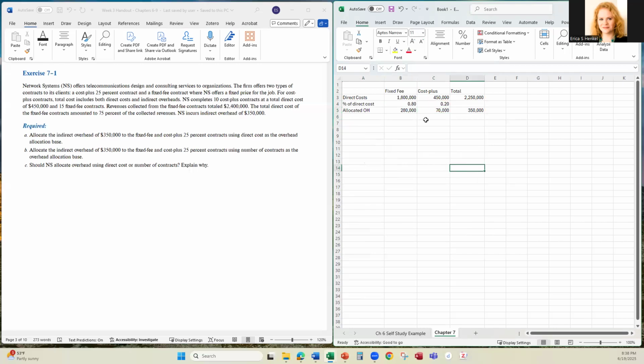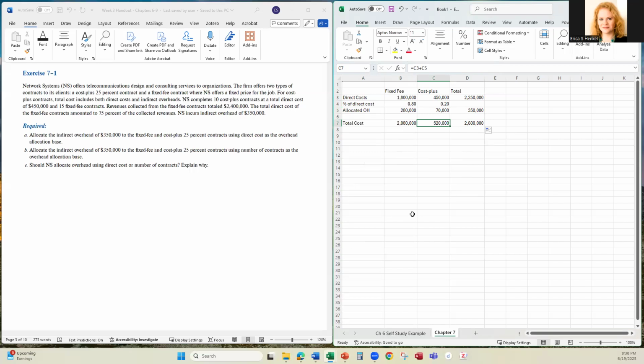All right, so then that gets us to 280,000 of overhead assigned to the fixed fee contracts and $70,000 for the cost plus. So that means that the total amount that we have in terms of costs for each of these is 2,080,000 and 520,000 for the cost plus.